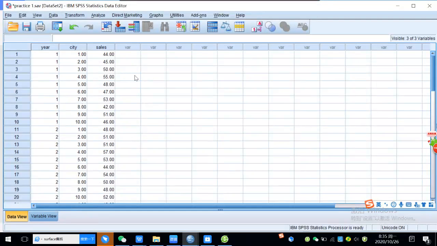Then next, we'll analyze the first question. The first question asks us if there is any difference in the last 4 years. Since the factor has 4 levels and the sales can be considered as normal distribution or close to normal distribution, then we can use one-way ANOVA.